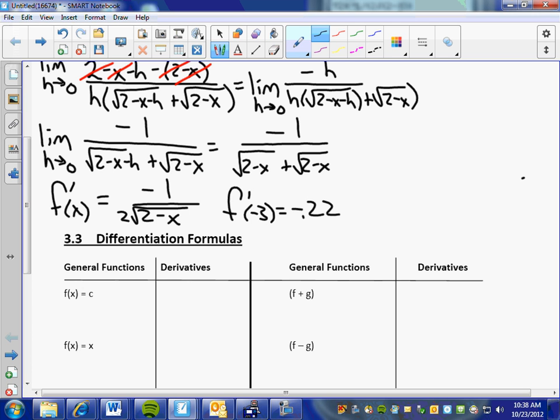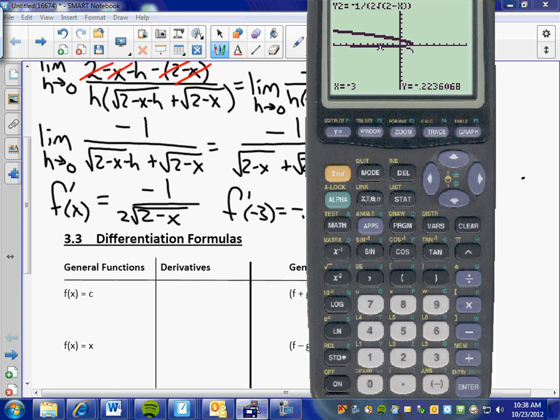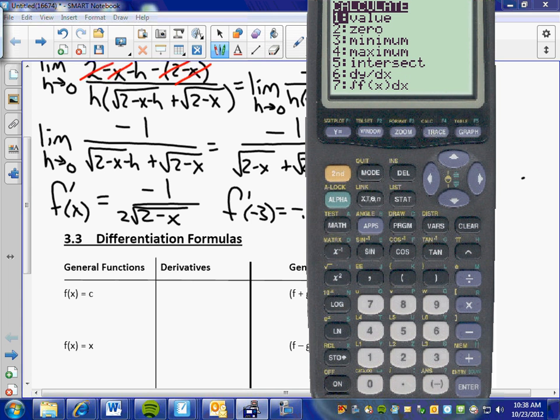Well, if I've done all my work correctly, I should be able to find the slope of that function and show that it's negative 0.22 right there, right? The value of the derivative should be the same as the slope there. And I'm going to show you how to do that. Second, calculate.